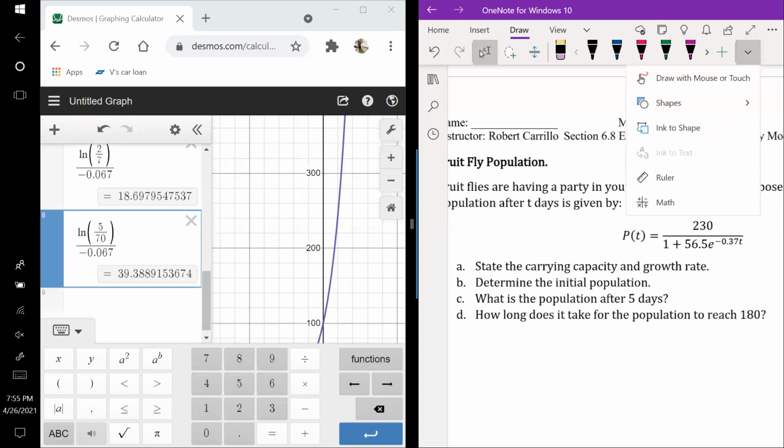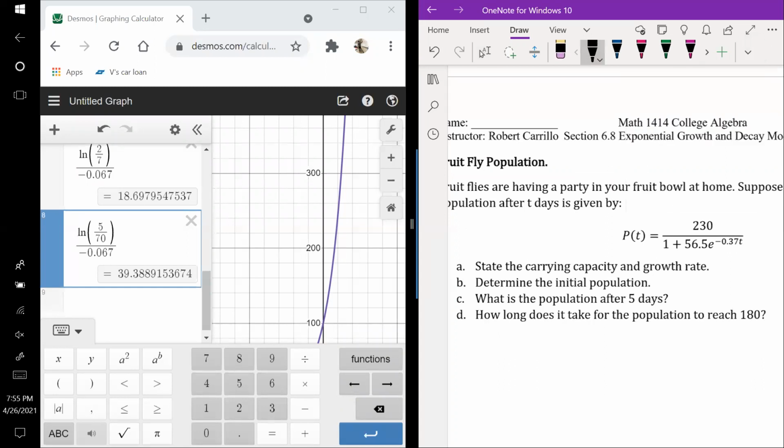Okay. So for A, our carrying capacity, we are not going to be able to get past 230 fruit flies. So that is our capacity. And then your growth rate is 0.37.